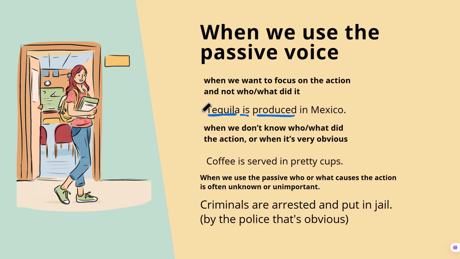Next reason: when we don't know who or what did the action, or when it's very obvious. For example, coffee is served in pretty cups. Who is serving the coffee? I don't know. It's not really important. The important thing is that we have coffee, right? Coffee is served in pretty cups.